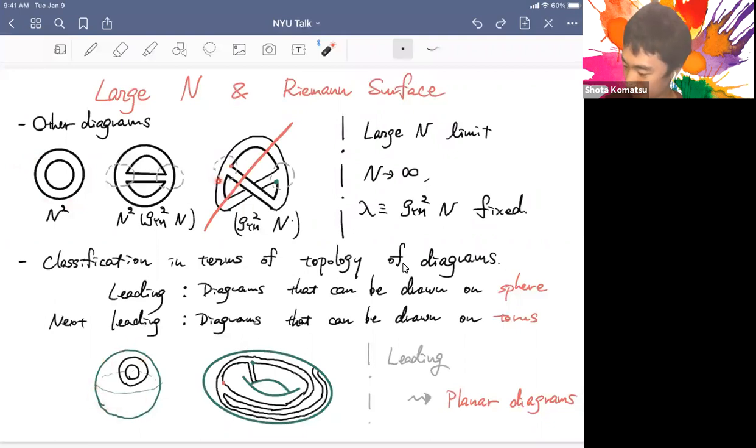Whereas this diagram, because of this cross, you cannot draw on a sphere, and instead you need to draw it on a torus. It's probably a little hard to see that these 2 diagrams are the same, but if you think a little more about it, you can see that they are the same. In particular, the diagrams that can be drawn on a sphere, we call planar diagrams.